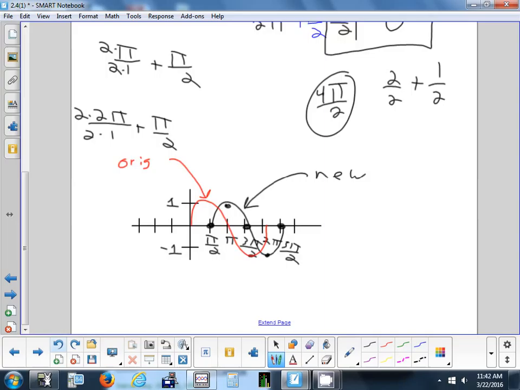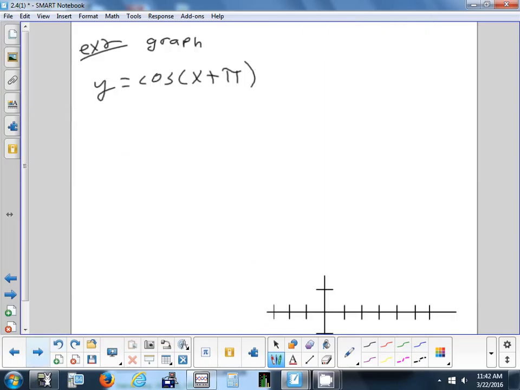All right, let's try another phase shift. Can anybody tell me one thing that's really different about this one? We have to be careful when we go back and look at our original tables. We're adding, so it's going to shift in a different direction this time.